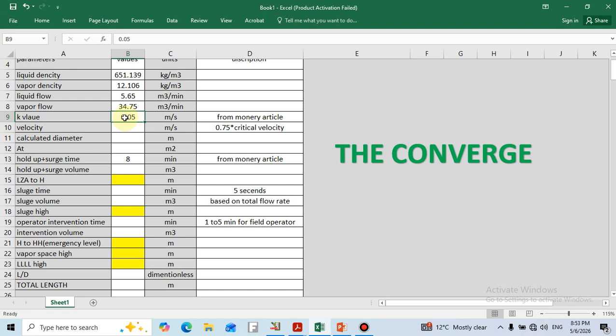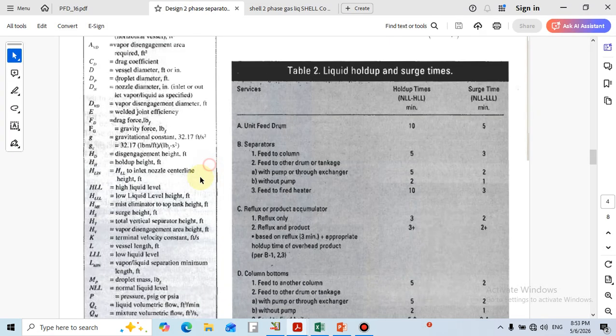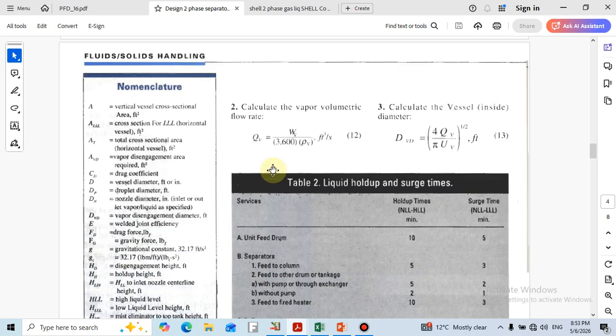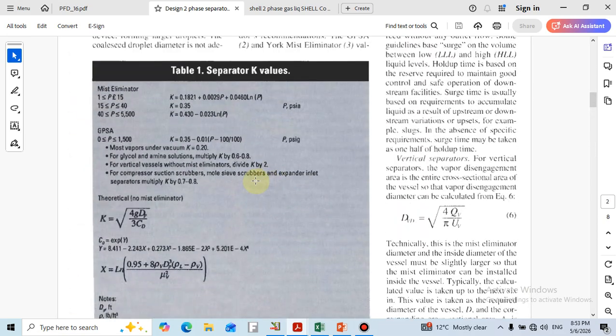But in this case, I do not use any mist eliminator, and the K value typical range in this case is equal to 0.05 meter per second. If you need the exact value of K, you can refer to the Monnery article.